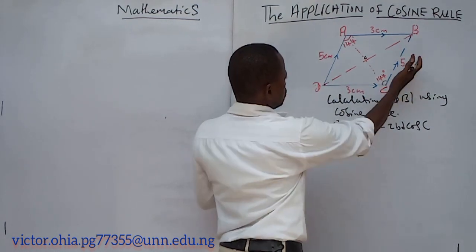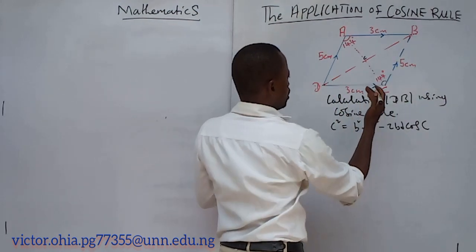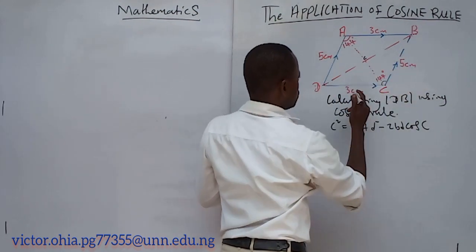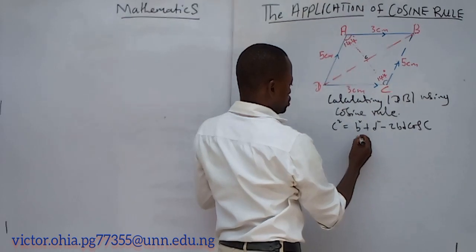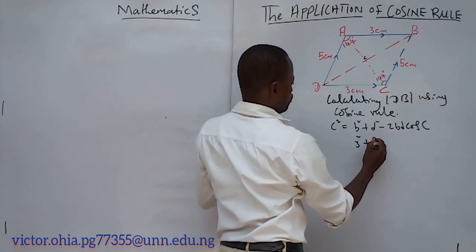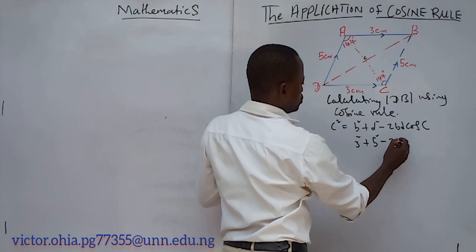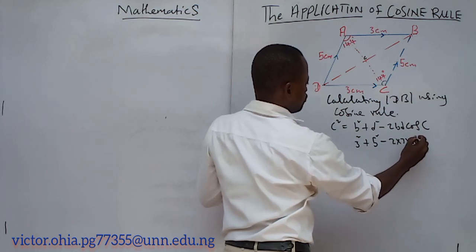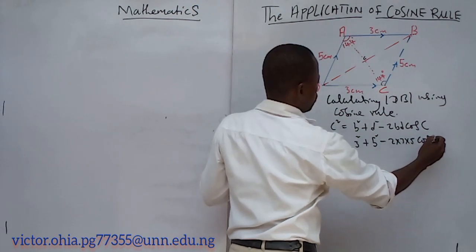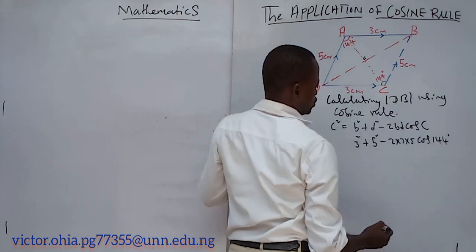Okay, so I will substitute the values. This is facing here and this is facing here. So this will be 3 squared plus 5 squared minus 2 times 3 times 5 then cos 144 degrees.